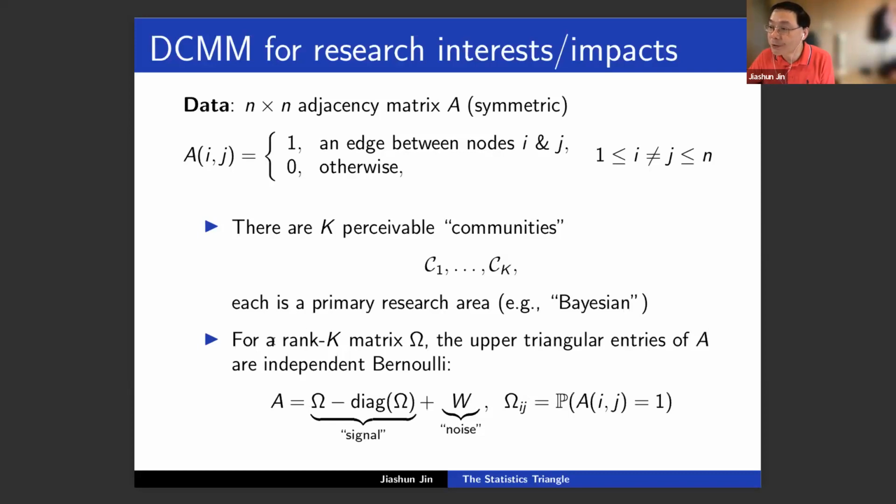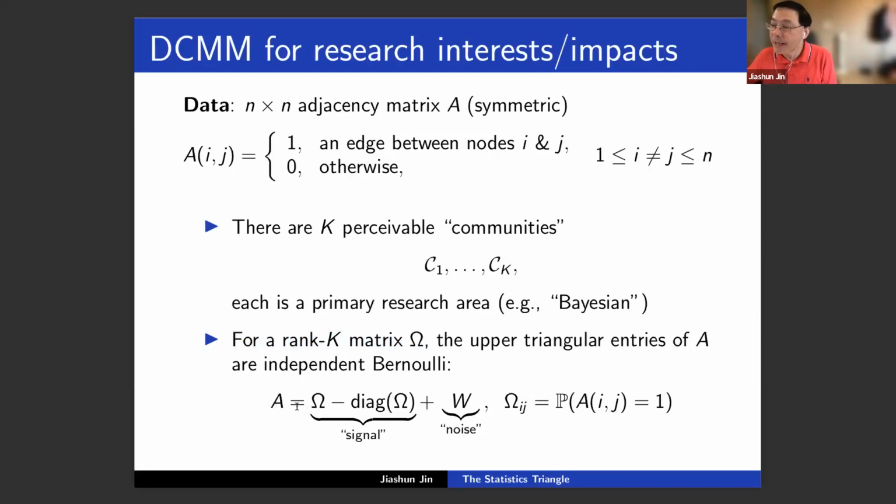We also assume its rank is K. Why? Because otherwise this is over-parameterized. If we assume rank K, this really reduces a lot of free parameters. It makes it possible to estimate the model.